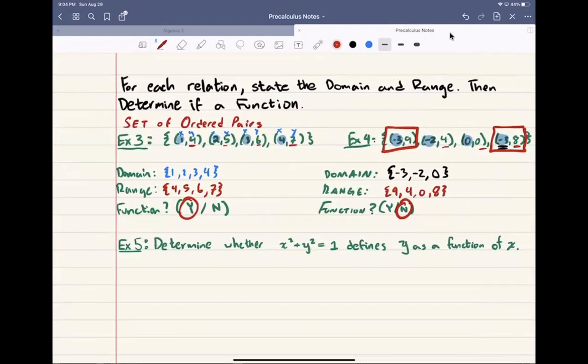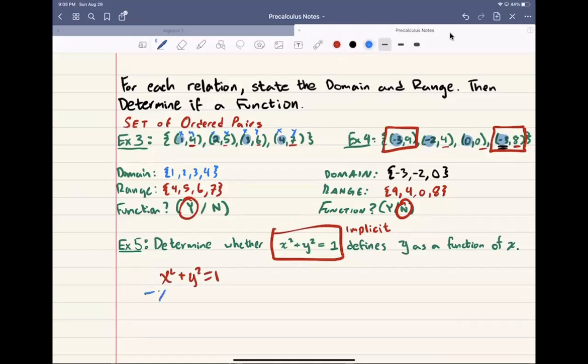All right. Example 5 says determine whether or not x squared plus y squared equals 1 defines y as a function of x. Okay, so what we've got to do here, you notice that they give us this equation. This is called our implicit form, okay? It's implicit because y is not by itself. So we're going to go ahead and get y by itself. Let me rewrite this equation. We have x squared plus y squared equals 1.